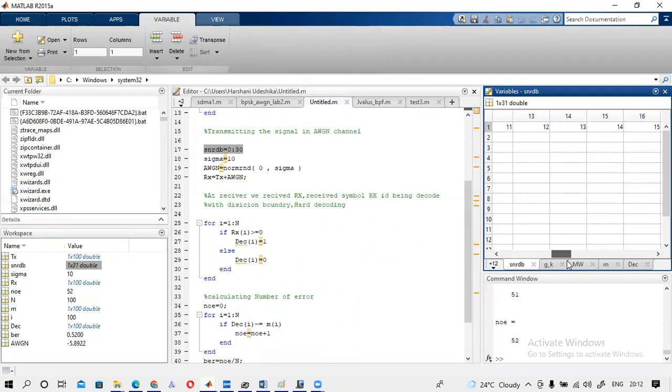Now I am going to calculate the bit error rate for every SNR dB value.